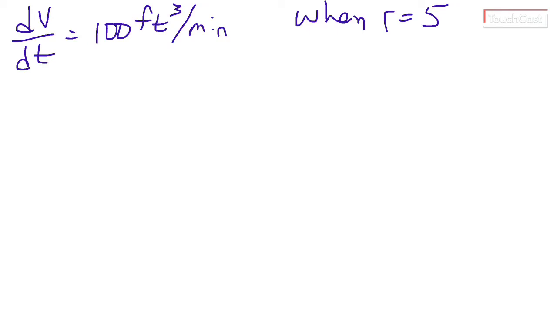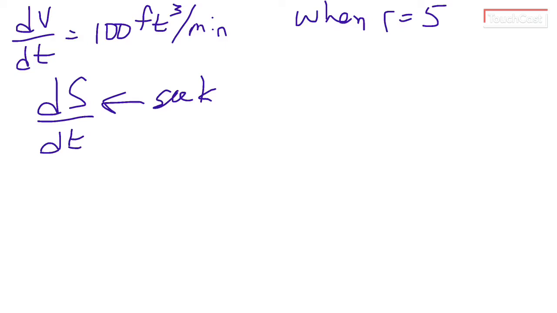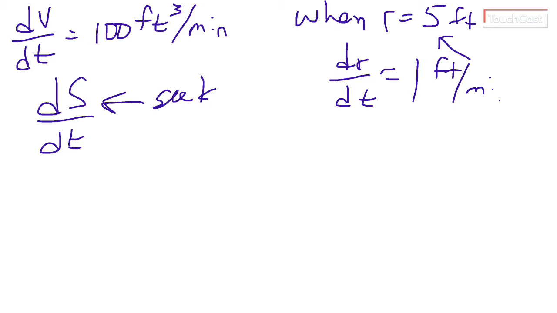We've been asked about the rate at which the surface area is changing. I'm going to call that dS/dt. So we seek dS/dt. We know dV/dt. We just figured out dr/dt, which is 1 foot per minute, and we're interested in this moment when r is 5 feet.